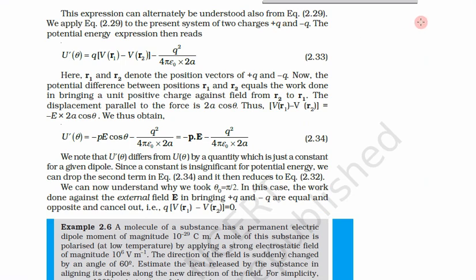Now this expression can alternately be understood by equation 2.29. So we can understand this expression in another way by applying this. Again this work done was q1 V(r1) plus q2 V(r2) plus q1 q2 upon 4 pi epsilon naught into the distance r12.